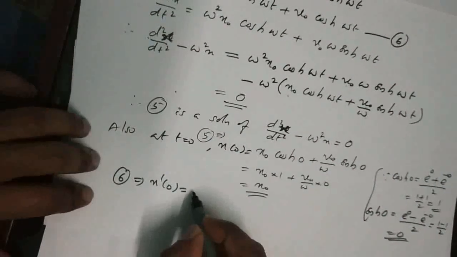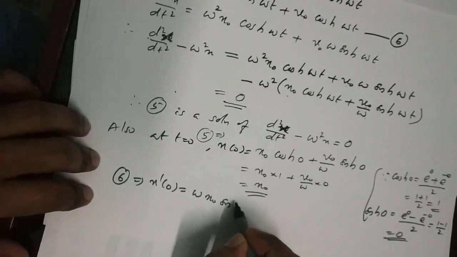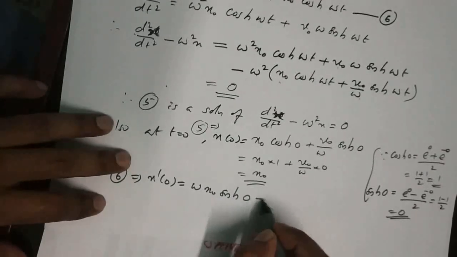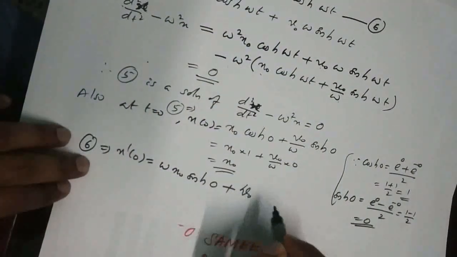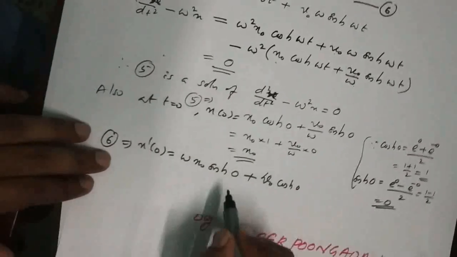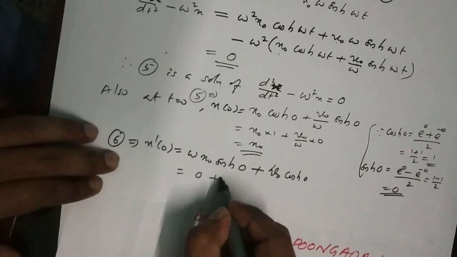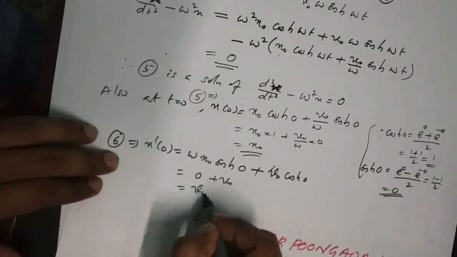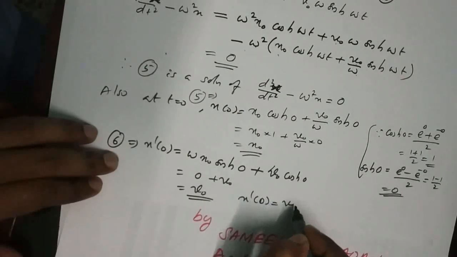So omega x0 sinh 0 plus, next is v0 cosh 0. So sinh 0 is 0, v0 into cosh 0 is 1, so 0 plus v0. So this is v0. So x dash of 0 is equal to v0.